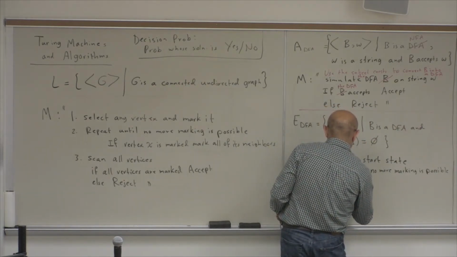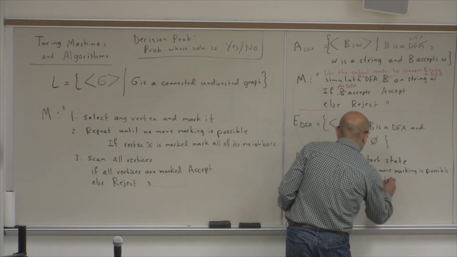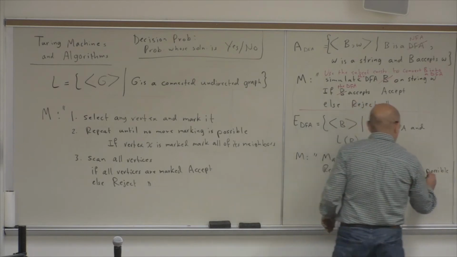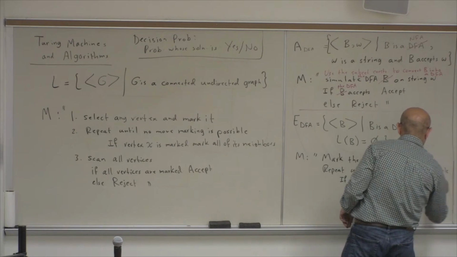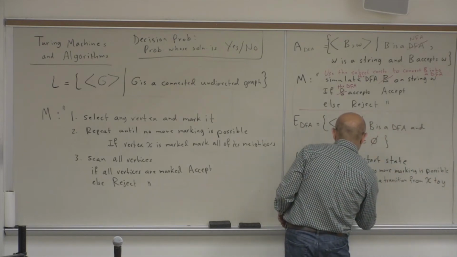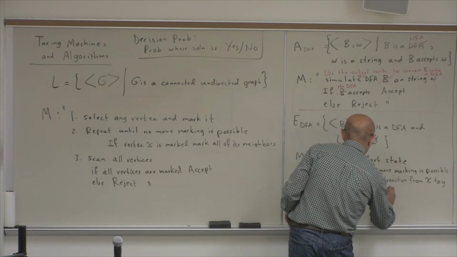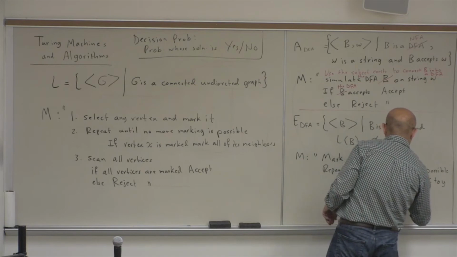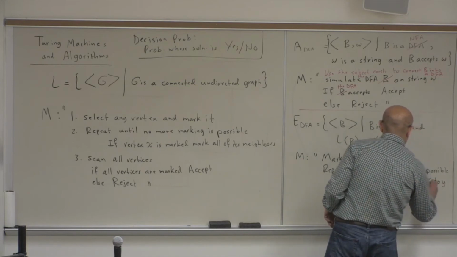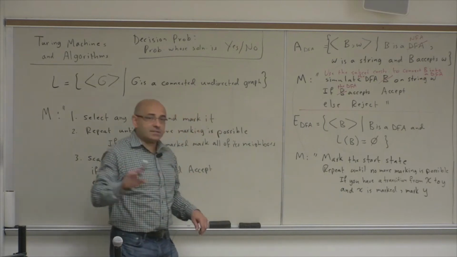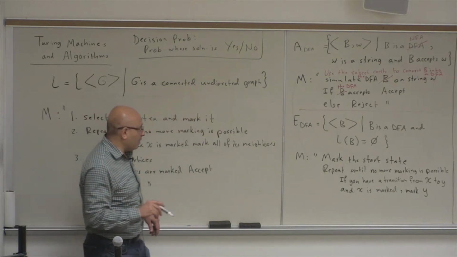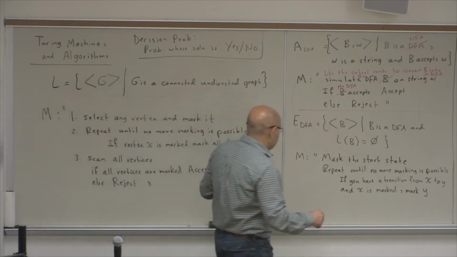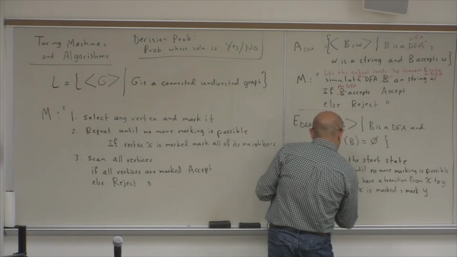If you have a transition from x to y, and x is marked, mark y. So marking the neighbors, basically. For every transition x, y, if x is marked, mark y, and repeat until no more marking is possible. So find all reachable states, and then scan the states.